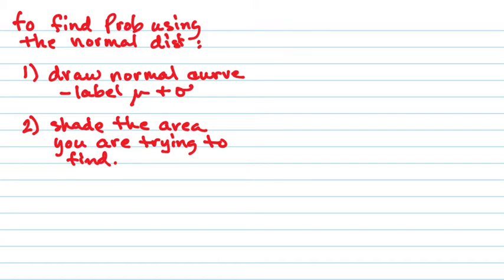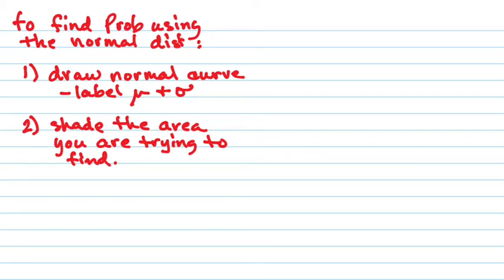And that will tell you how much of the probability fits into that space, which is the probability for the thing that you're looking for. So you're always looking for areas here. And so if you shade the areas that you're looking for, it just makes it very clear whether you're above the mean, below the mean, because it's going to make a difference in your calculations, and how much you expect that to be. Get a general idea.